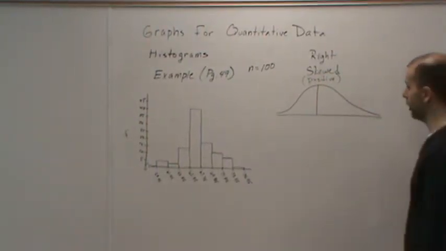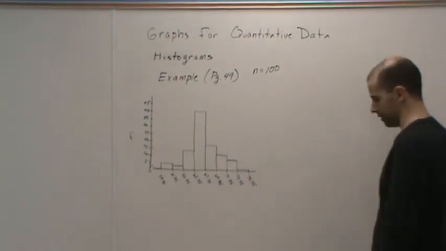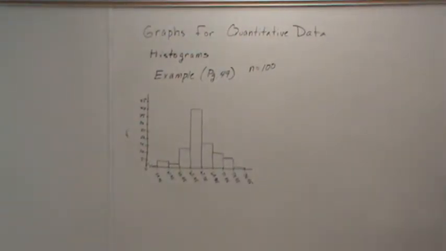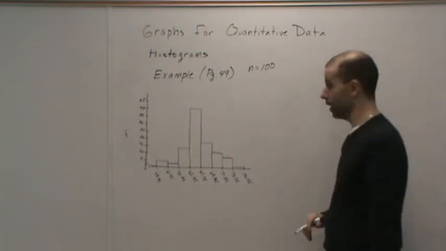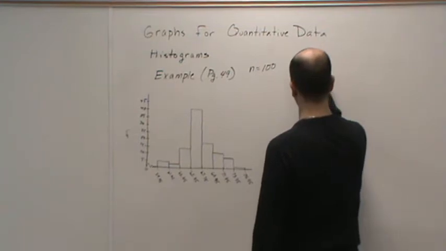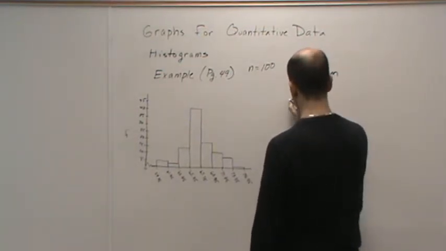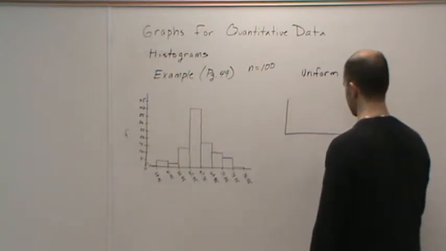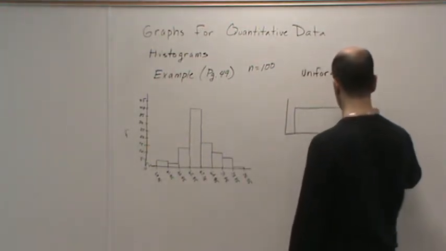The last one that we're going to talk about is another type of distribution that we'll discuss later. It is symmetric, but it's a specific type of symmetric distribution, what we call uniform. A uniform distribution pretty much looks like a rectangle.